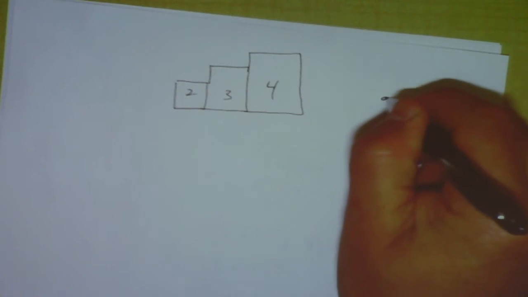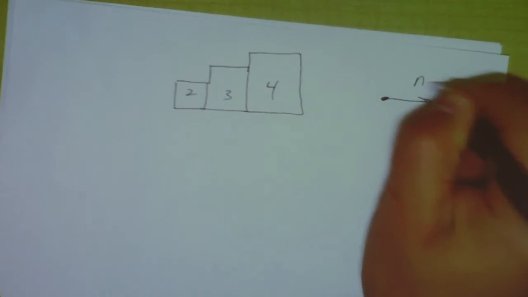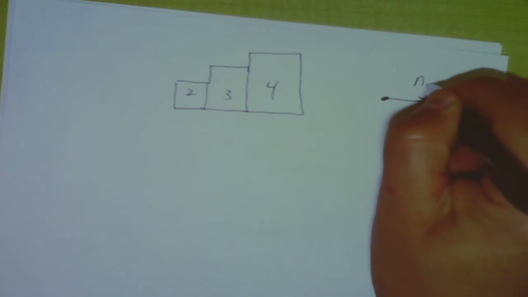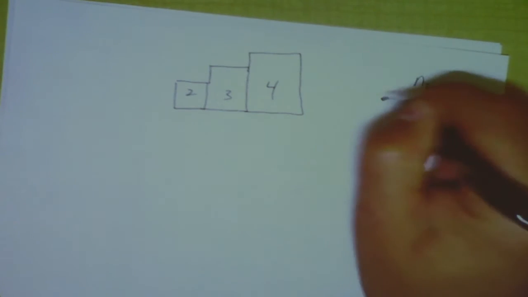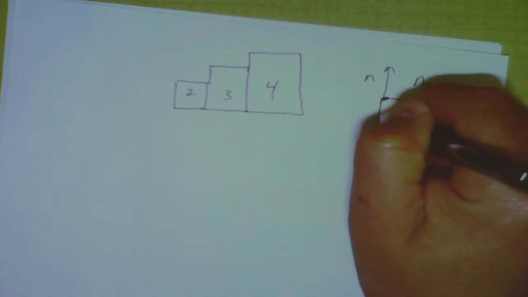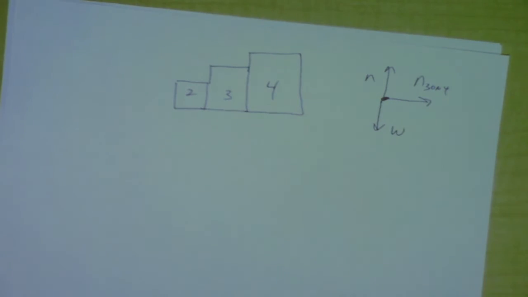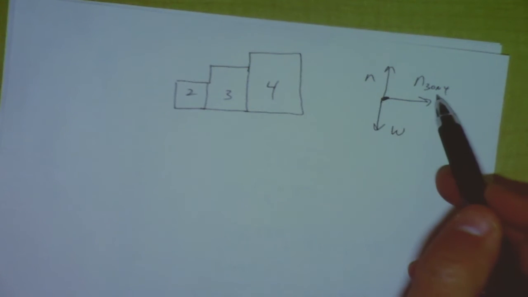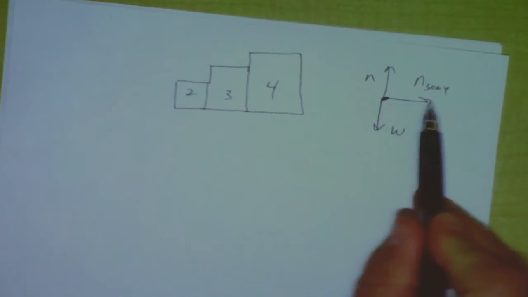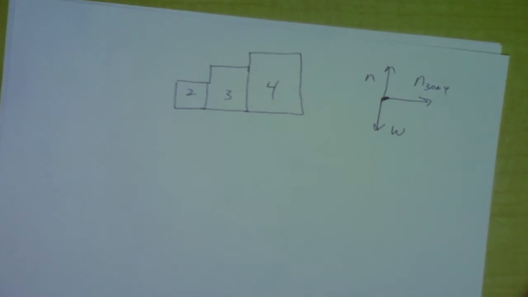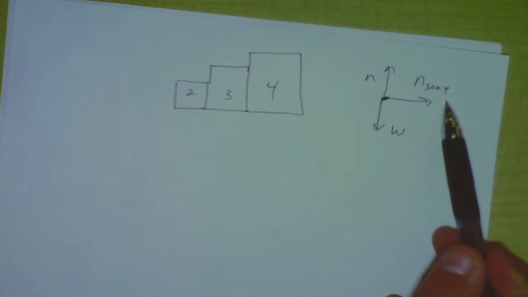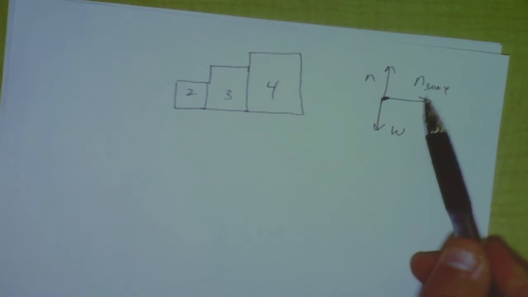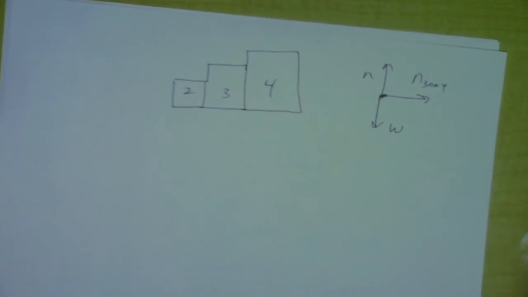We got the first part by saying there was a normal force from 3 on 4, normal from the ground, and then the weight. So in this part, this is the only force that's going this way. So it just turns out to be mass 4 times the acceleration to get this one.